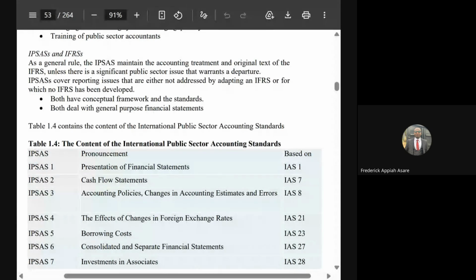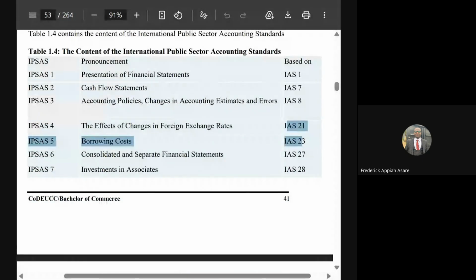Then we have IPSAS 2, which talks about the cash flow statement. IAS 7 takes care of the cash flow statement. IPSAS 3 is for accounting policies, changes in accounting estimates and errors, which is taken by IAS 8. We have IPSAS 4, which talks about effects of changes in foreign exchange rates, here is IAS 21.